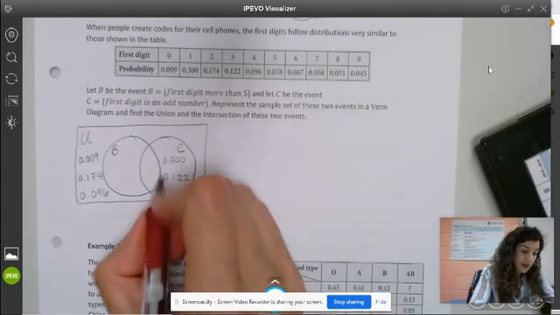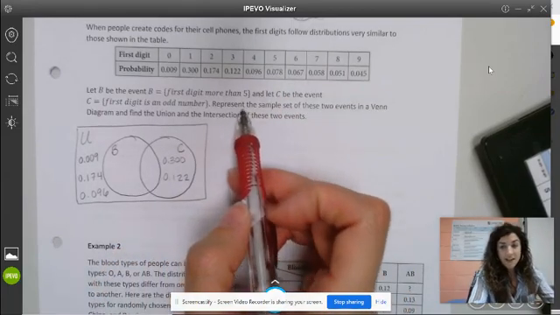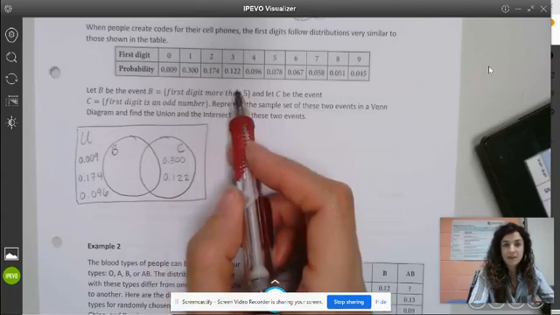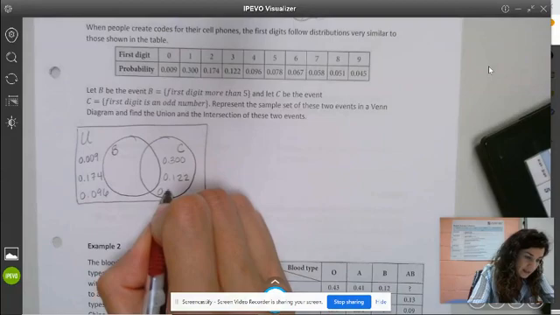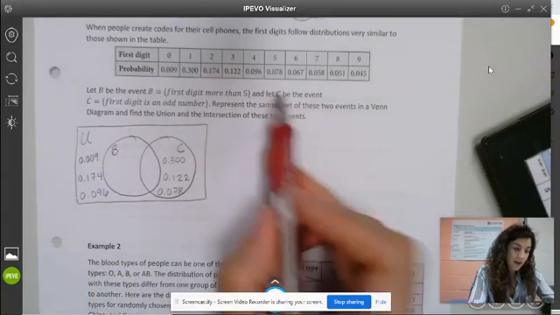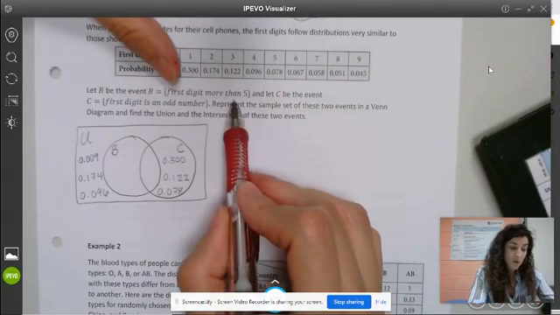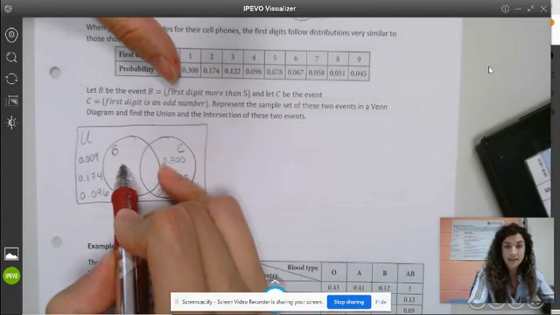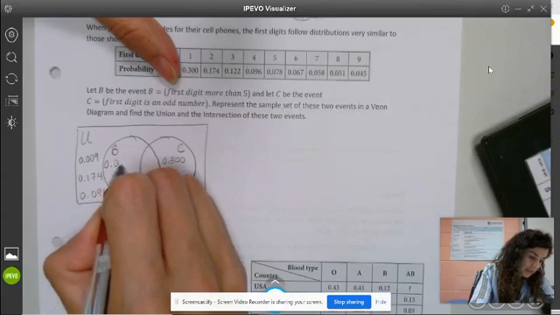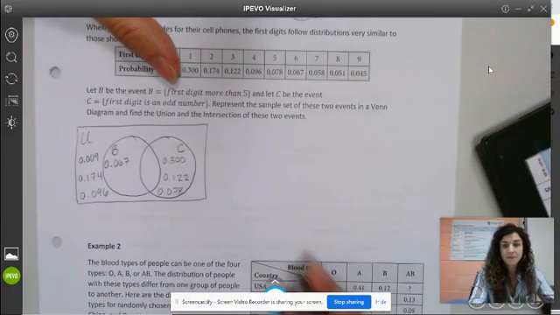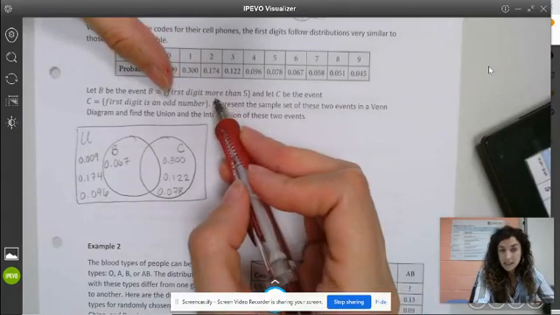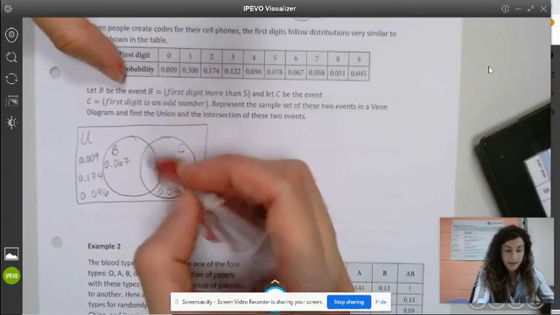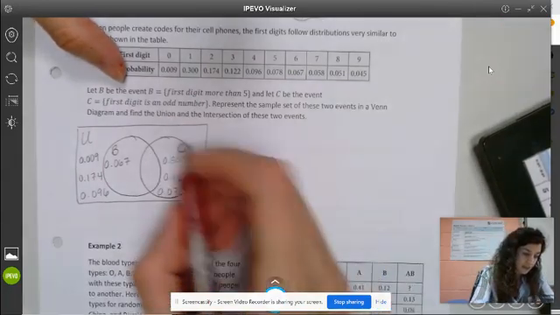5 is an odd number but is not more than 5. It is 5, so it does not satisfy B, but it does satisfy C, so that 0.078 can go there. 6 is more than 5, but is not odd, which means it satisfies B, but not C. So we can put 0.067 here. 7 is more than 5, and it's an odd number, so it satisfies both B and C. So it goes on this intersection piece here.